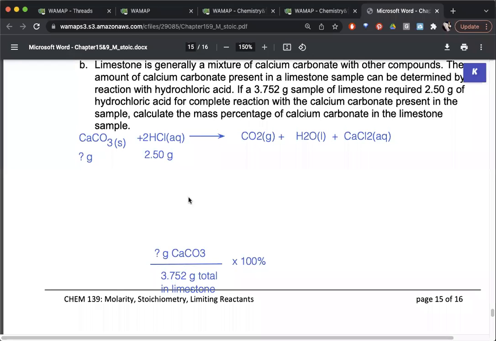Go ahead and work it with dimensional analysis if that's what you are most comfortable with. And I am going to use the table method. I'm going to put up my molar mass.